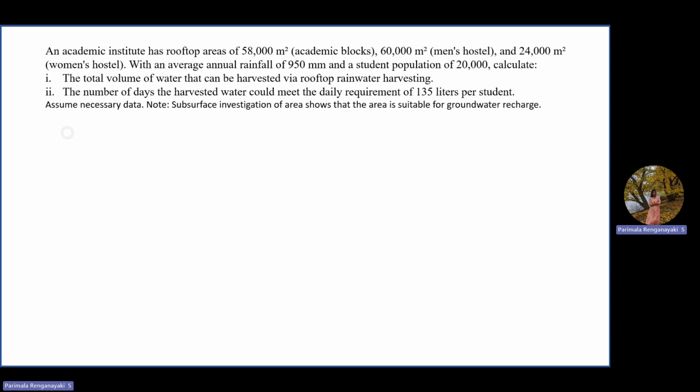let us use this pen. So this is the roof. Okay. So one roof is 58,000 meters square, another roof. So let us add all the roof areas.